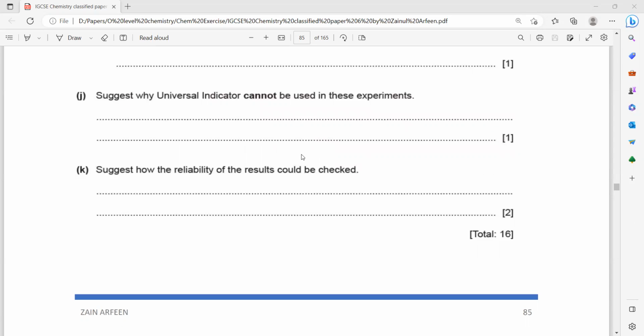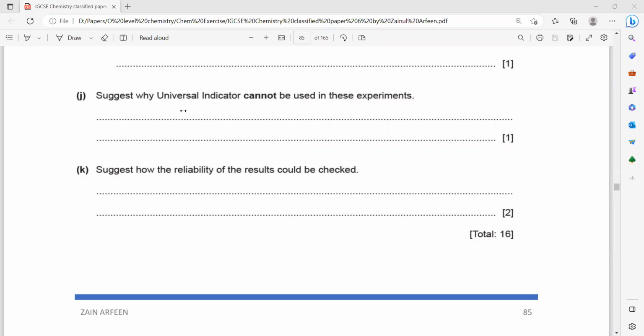Suggest why universal indicator cannot be used. It will show a range. We cannot detect the endpoint because of the color ranges. That's right, because universal indicator shows a transition of color, as there are multiple color changes. In alkaline it will be blue, then in neutral yellow, green, and then orange, then red. So there will be a variety of color changes, so it will be difficult to identify the exact endpoint at which a certain amount of acid has reacted with an alkali.